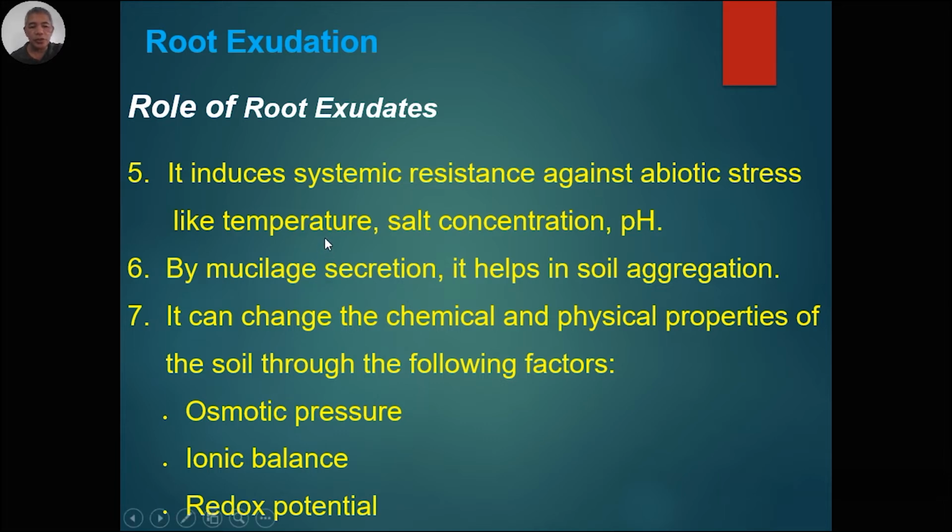Too much or too low temperature, too much or too low salt concentration, too high or too low pH value will cause abiotic stress, and the exudates is responsible in inducing systemic resistance.